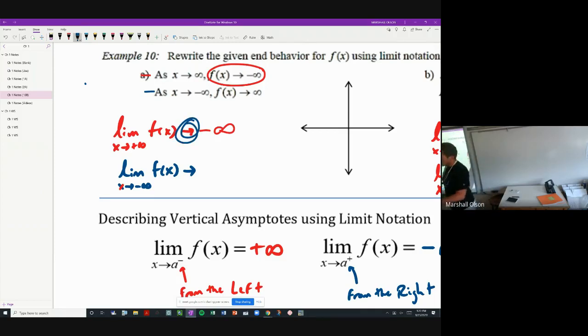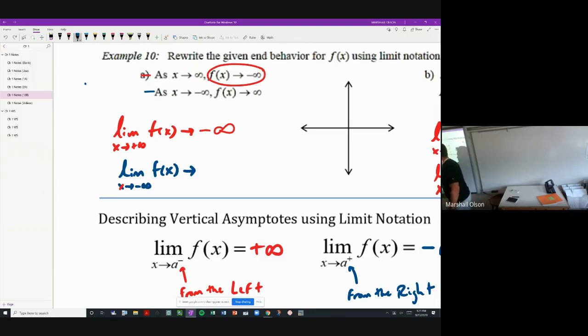I used to use arrows if it was approaching infinity or negative infinity, but equal signs if it was approaching a value. In the last two years, I've just switched to completely doing equal signs. They're all fine. You can use whatever you want. I'm going to start when I make my limit notations. I'm just going to leave these the way they are, because I'm going to always start using equal signs.